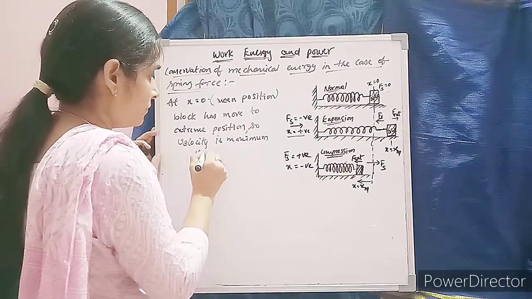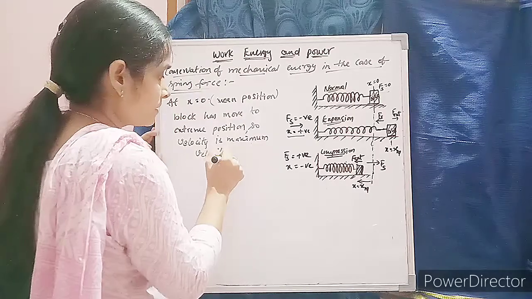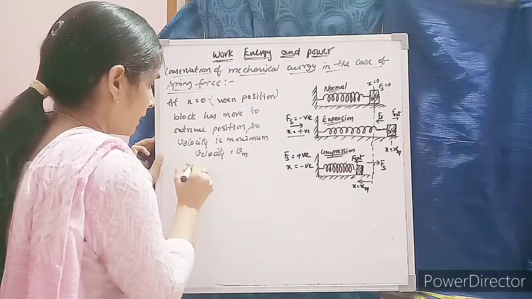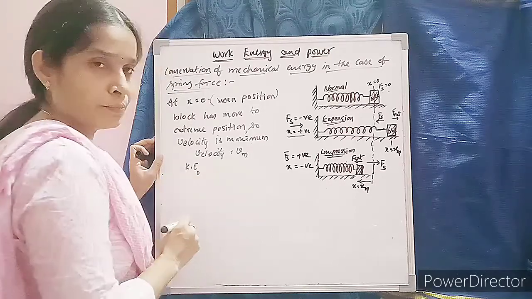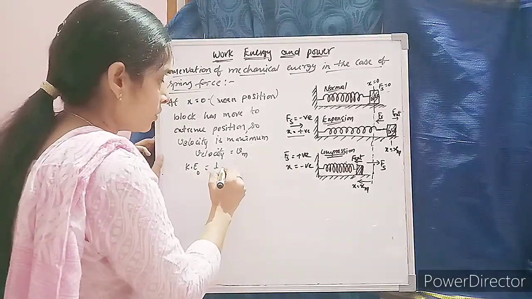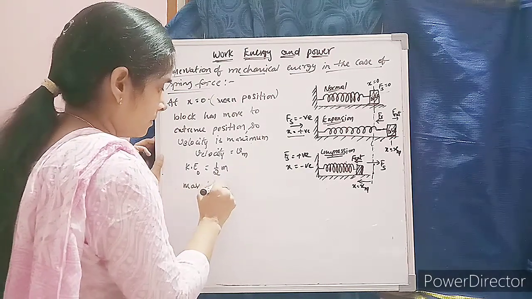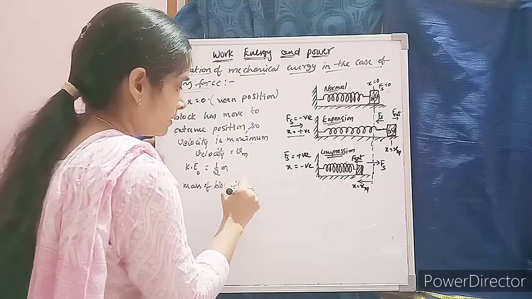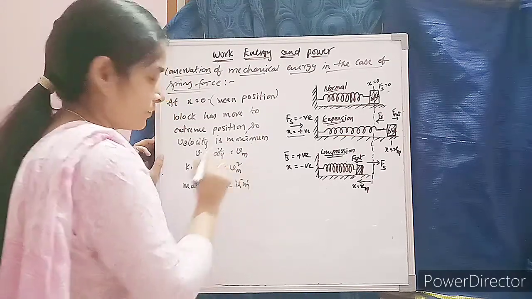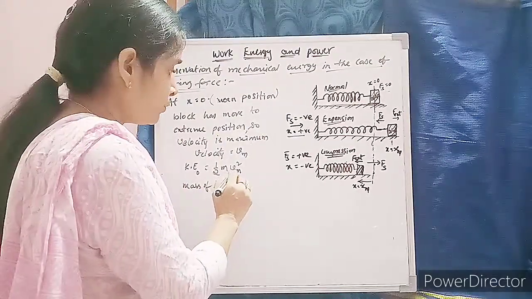So here velocity is Vm. If the mass of the block is m, then the kinetic energy at mean position is half into m into Vm square.